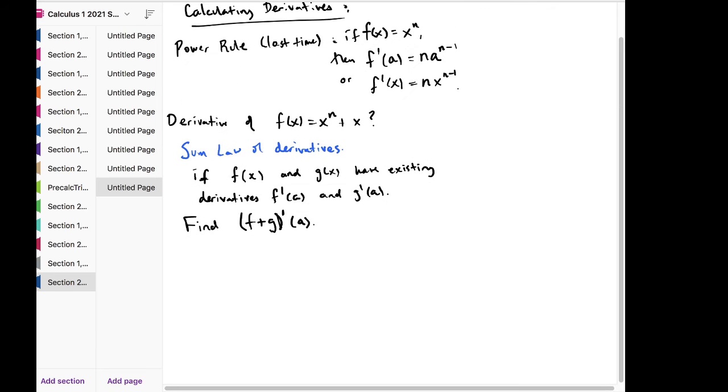Okay, so how do I find the derivative if I don't know any rules? What is the definition of the derivative? Remember, there were two different methods. Yeah, slope of tangent. So how could you do that? The slope of the tangent line is the limit of the slopes of the secant lines.